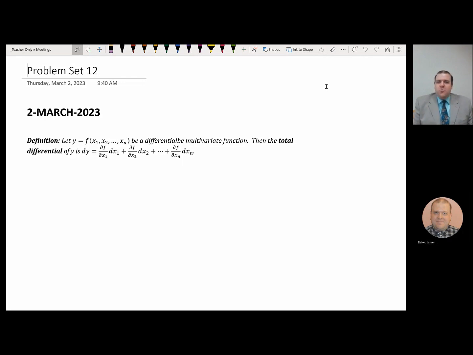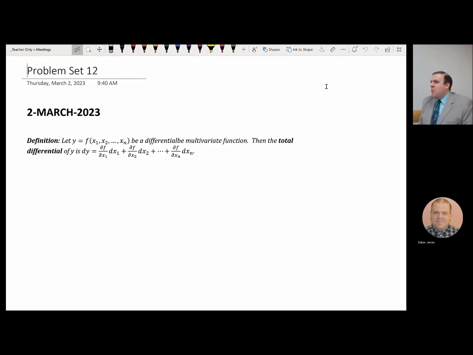Then your differential for y would be the partial of f with respect to x1 times dx1 plus the partial of f with respect to x2 times dx2, and so on and so forth. So you just take the partial with respect to each independent variable and multiply by the differential for that independent variable, sum them all up. That's your total differential.